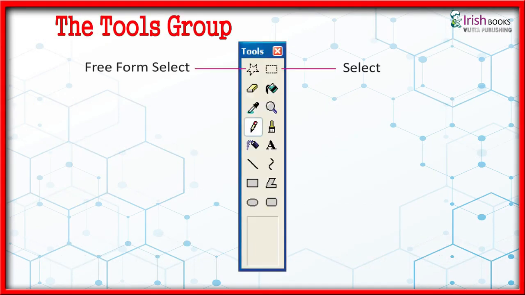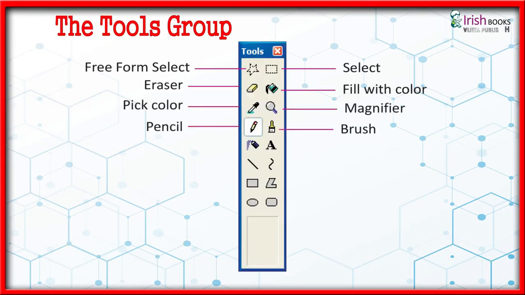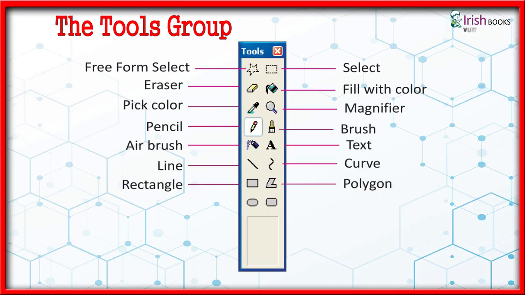The Tools group. Freeform select, eraser, pick color, pencil, airbrush, line, rectangle, ellipse, select, fill with color, magnifier, brush, text, curve, polygon, round rectangle.